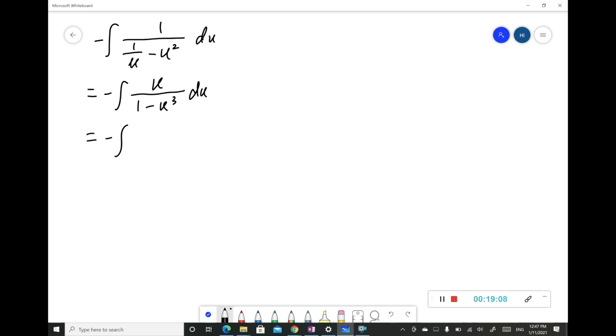And for the 1 minus u cubic, we also can use the equation to expand it. It will become 1 minus u times 1 plus u squared, and the denominator is u, and du.